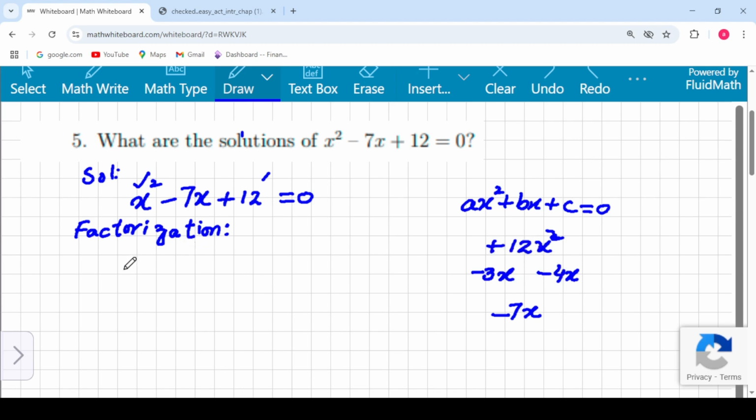So we will write x square minus 3x minus 4x in place of minus 7x, and the last term is as it is, plus 12 equal to 0.